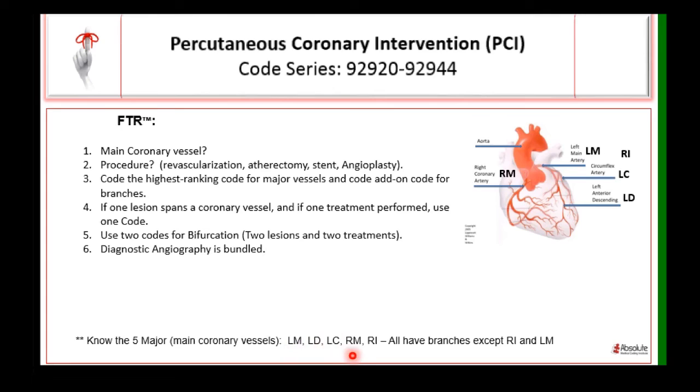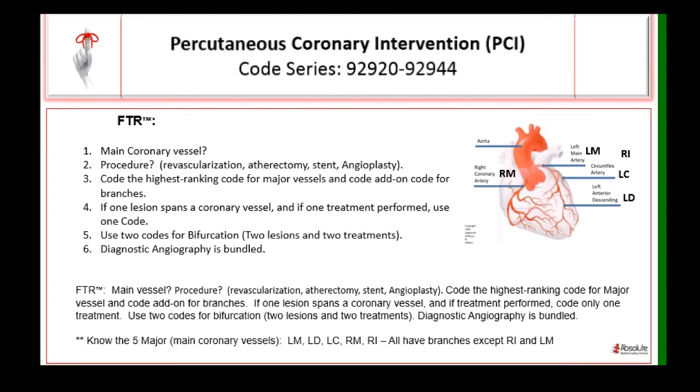So if you want to list them on the bottom of your pages, I strongly recommend that you do it. And all of them have branches except the ramus intermedius and the left main. Okay, so here are your FTRs and coders. It's now time to code. So let's get started.